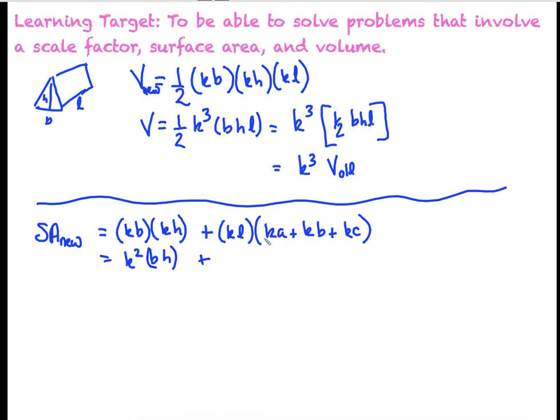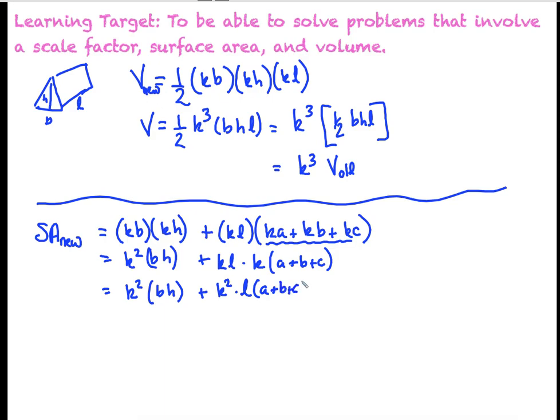Inside here, I've got a factor of K, so I'm going to factor that out in front, and maybe I'll show all my steps here. I'd end up with K times A plus B plus C. Then these two K's will create a K squared for me. So I've got K squared times BH here, plus K squared times L times A plus B plus C here.